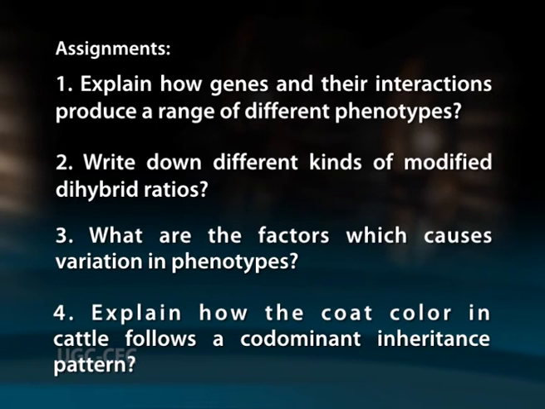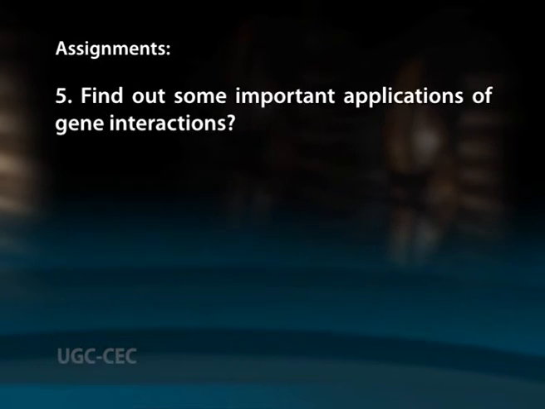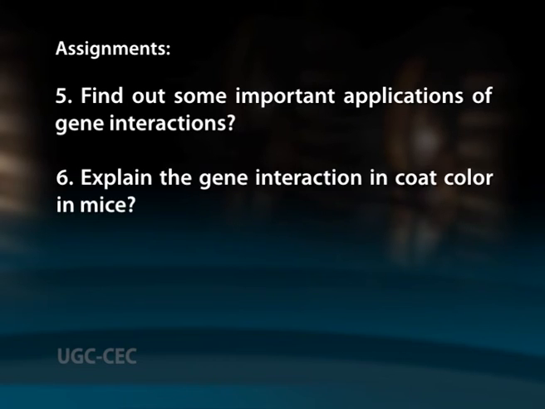A fourth one would be, explain how the coat color in cattle follows a codominant inheritance pattern. The fifth one is, find out some important applications of gene interactions. And the last assignment would be, explain the gene interaction in coat color in mice.